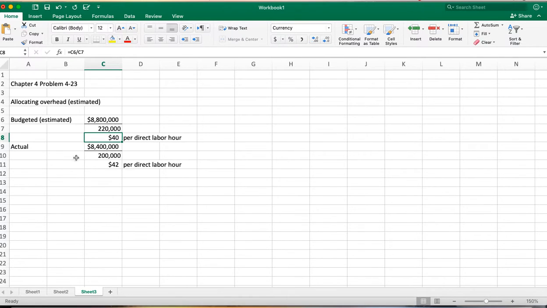In number 2, it says, what are the job cost of the Laguna model and the Mission model using normal costing and using actual costing? So we've got two different models.